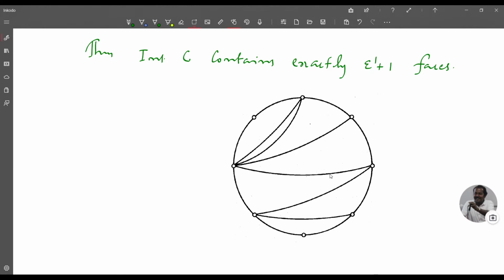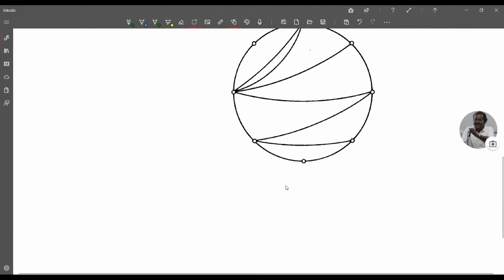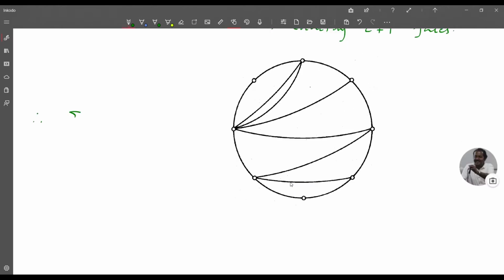You can observe that the interior of C contains 6 plus 1, that is 7 faces. So it contains exactly epsilon dash plus 1 faces. Therefore, sigma i equals 1 to nu of phi i dash is equal to epsilon dash plus 1.